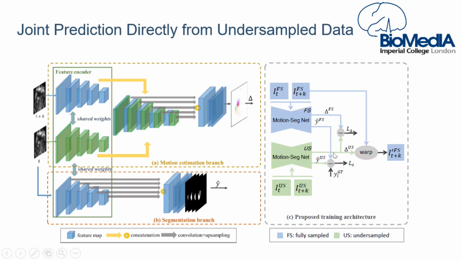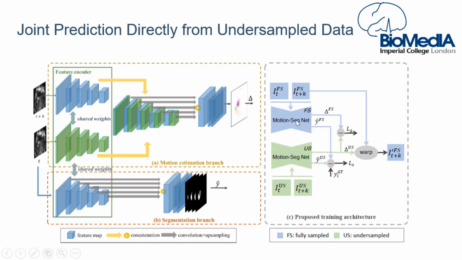What we do first is transform the fully sampled source frame to the fully sampled target frame by using the displacement field estimated directly from the undersampled images. We find that such supervision is still a little bit weak or insufficient if the data is highly undersampled, like 8 times or 6 times.